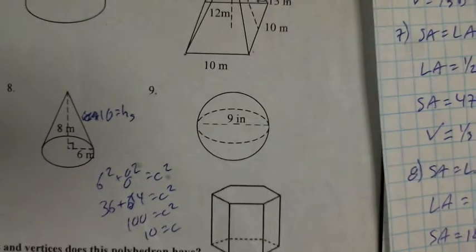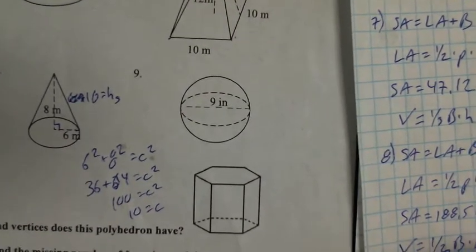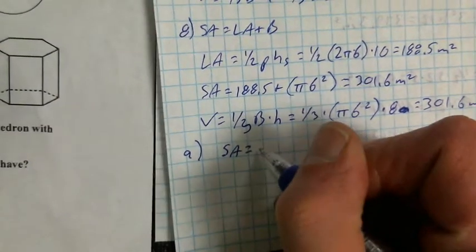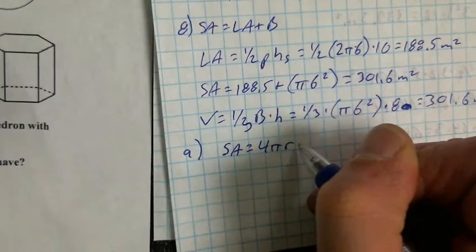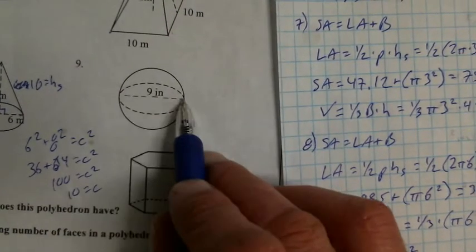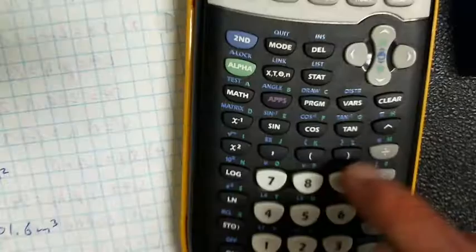Number 9 is a sphere. A sphere is a ball. So we have two formulas. Surface area and lateral area are the same thing. Surface area equals 4 pi r squared. The diameter is 9, so the radius is going to be half that, or 4.5.